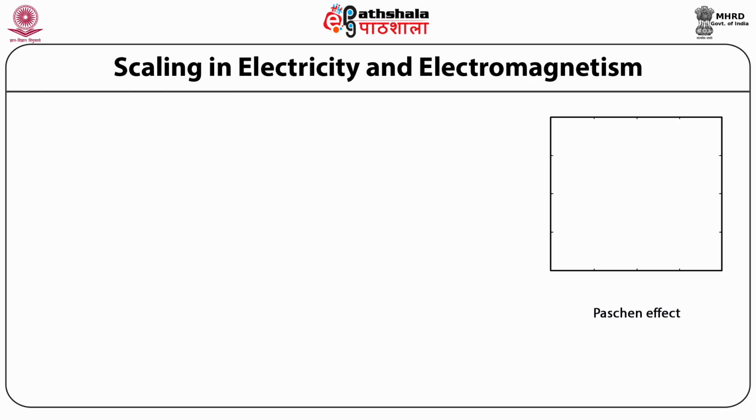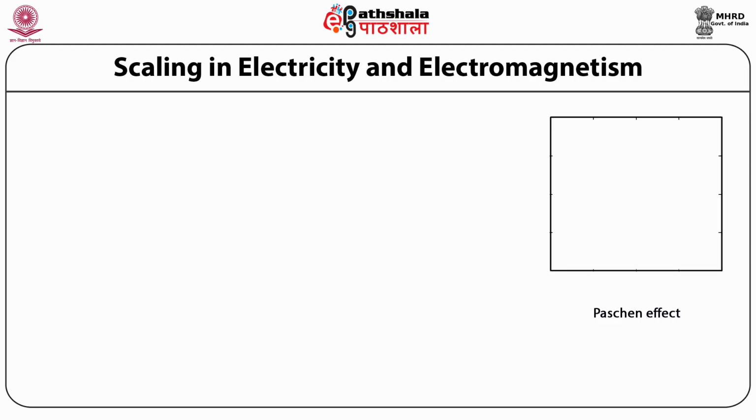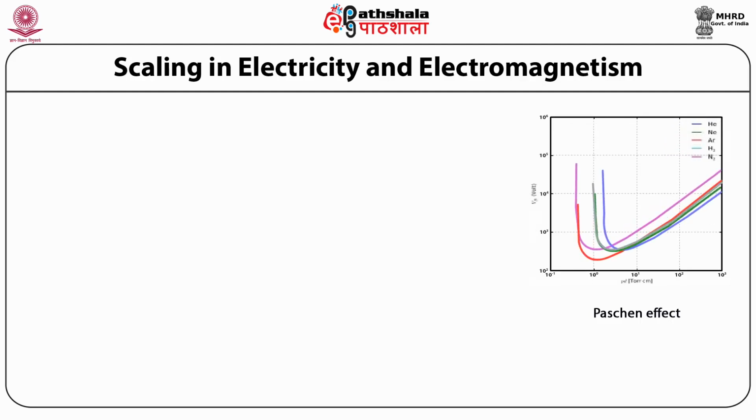So students, let us now discuss the scaling in electricity and electromagnetism. The breakdown voltage in a parallel plate capacitor can be varied with the gap between the plates, an effect known as Paschen's effect.